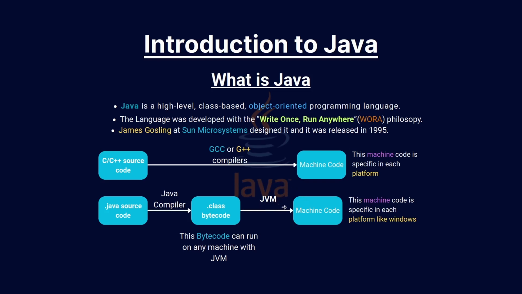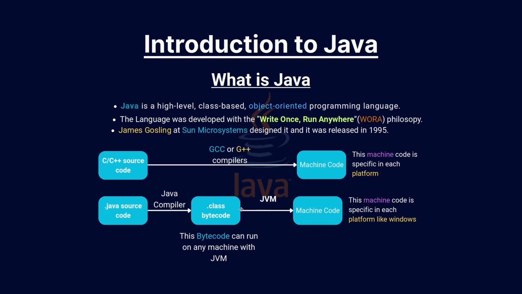Now, what does this JVM do? JVM stands for Java Virtual Machine. What JVM does is that it takes this bytecode and interprets it into machine specific code. So if it is on Windows, the JVM interprets this bytecode to Windows machine code.